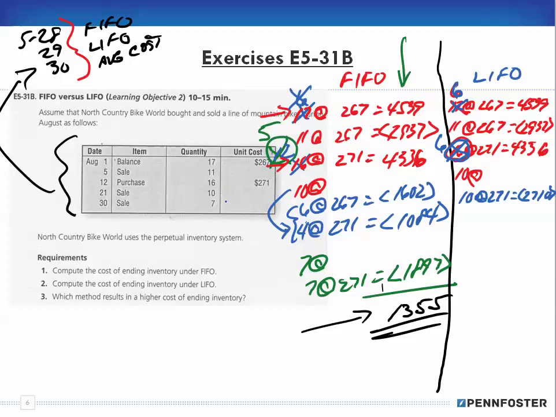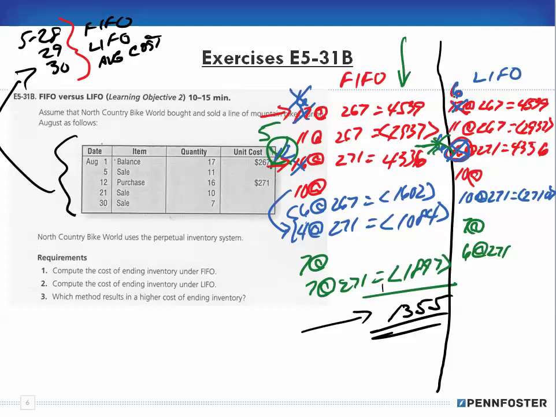And then I'm going to also make an additional sale of 7. Oops, let me do that in green. I'm going to take an additional 7 out because I'm making a sale. Well, where are those 7 coming from? They're coming from the last ones in. Which ones are the last ones in? The last ones in are the 6 right here, so I have to get rid of those 6. So I have 6 at 271, and I need one more.